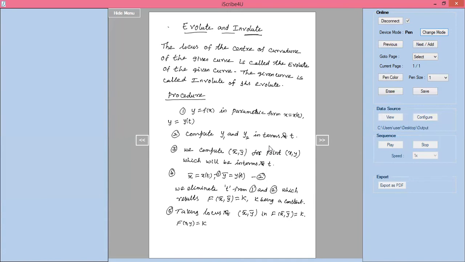This will be the required evolute of the given curve y equal to f of x, which is being referred to as the involute.